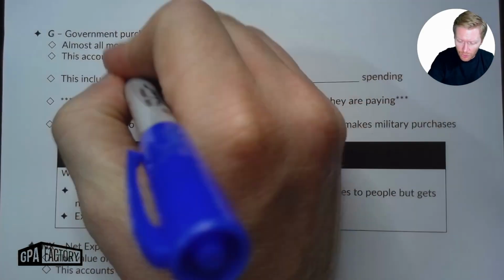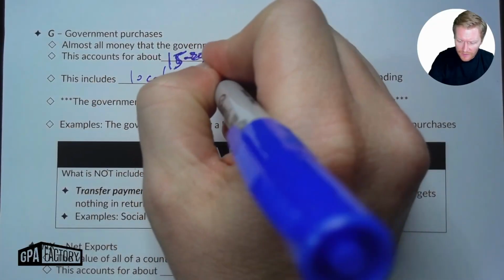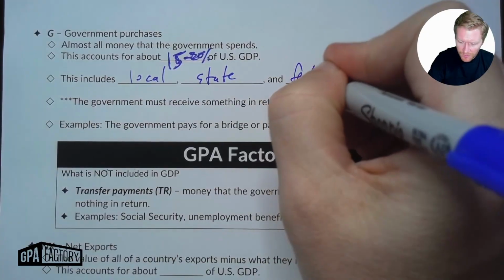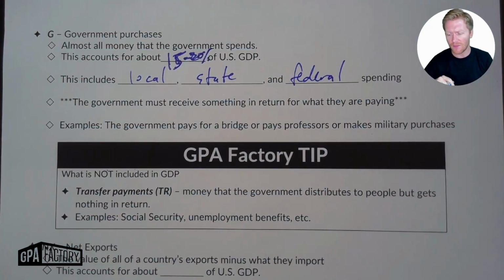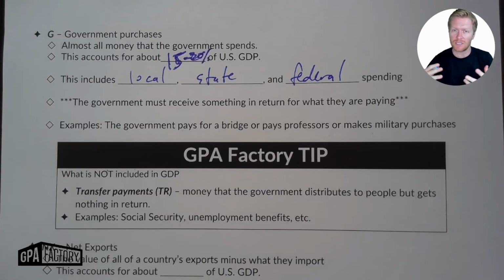This is going to include all local, state, and federal spending. And the government usually has to receive something in return for what they are paying. So the government pays for a bridge or pays professors or makes military purchases. All of those would be considered government purchases or part of government spending. So it's really all of the money that the government spends when it's purchasing something.